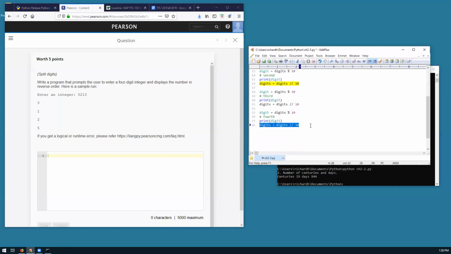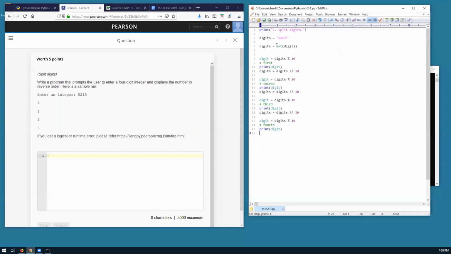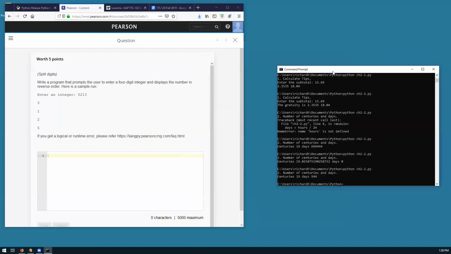And I don't need this. All right, I'm just going to run this. See that? And so you got to make it so you input the integer right here instead. Okay, so let's see what this looks like when we run it.